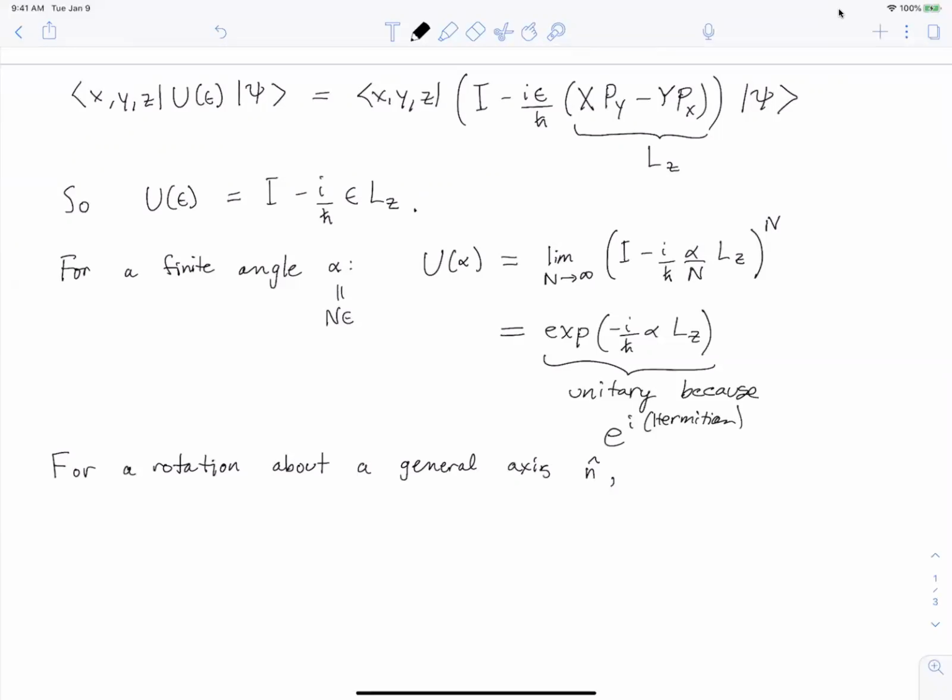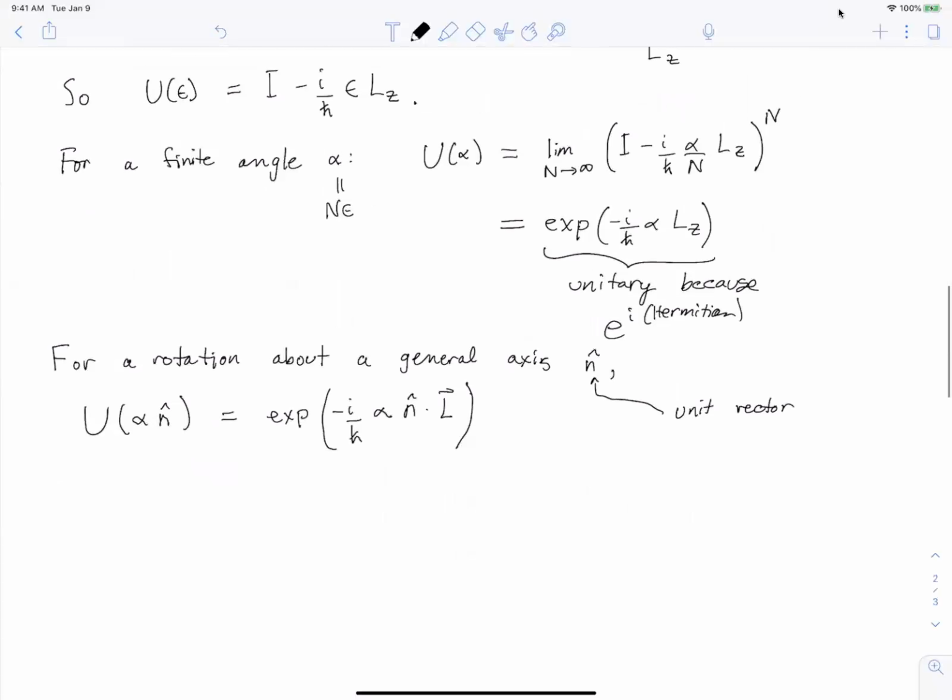Then the unitary operator by an angle alpha in the n hat direction is going to be defined to be the exponential of minus i over h bar, the magnitude of alpha times n hat dotted into L, the angular momentum operator as a vector. I'm assuming here this n hat is a unit vector.